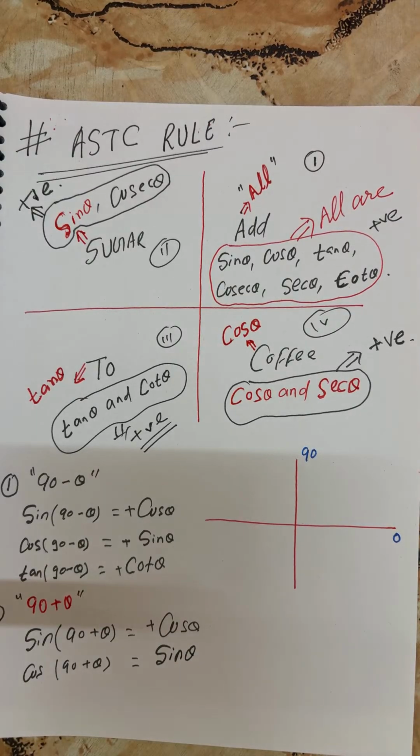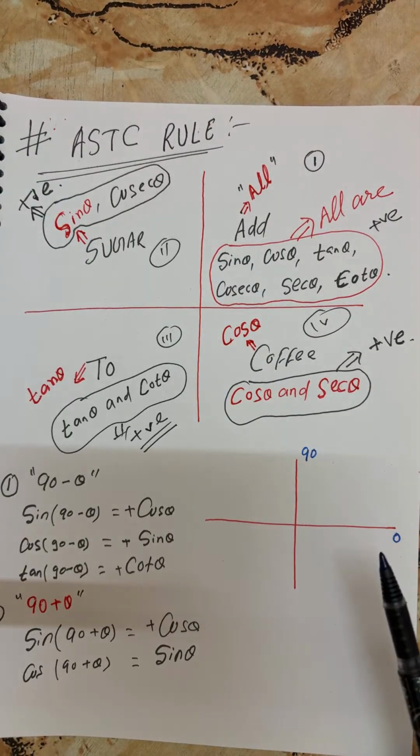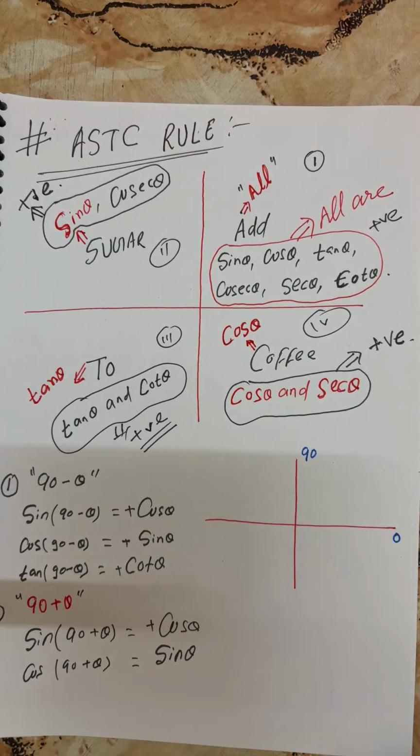Plus sine or minus sine totally depends on the initial function. Cos 90 plus theta is in the second quadrant. In the second quadrant, cos is negative, so the answer is minus sine theta.